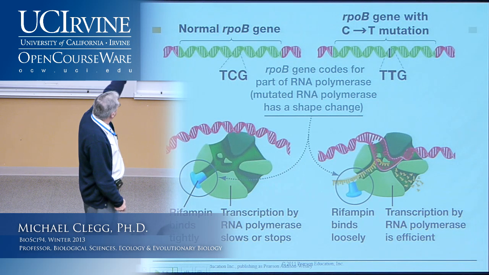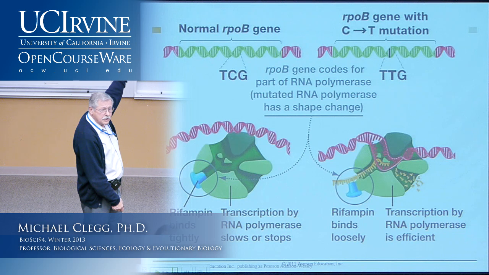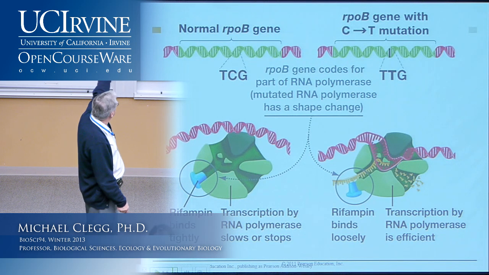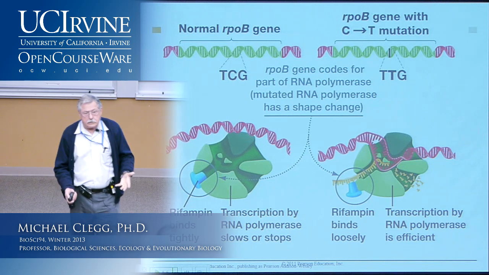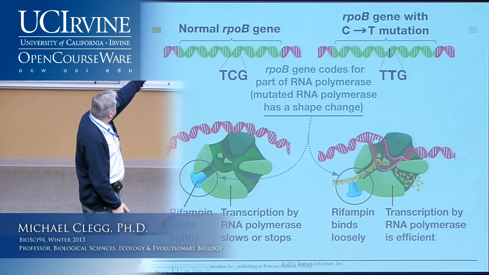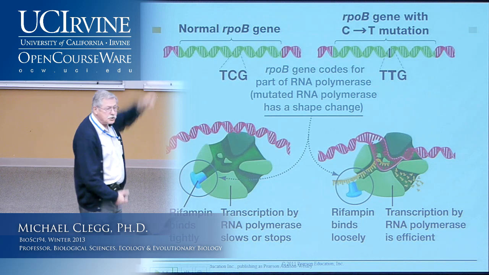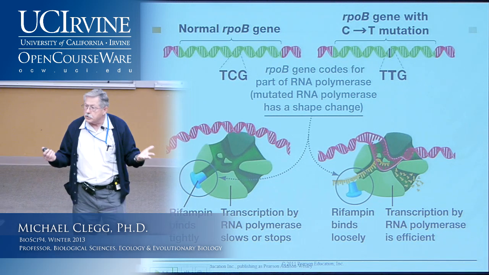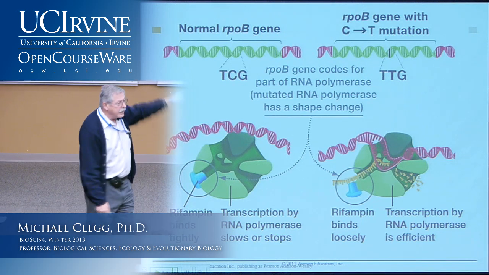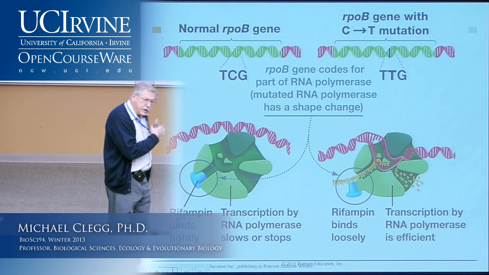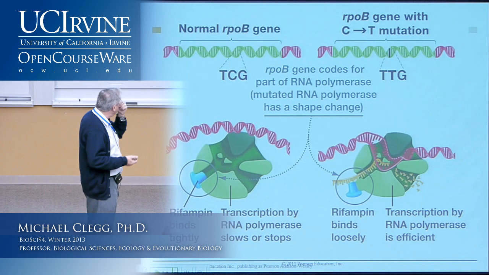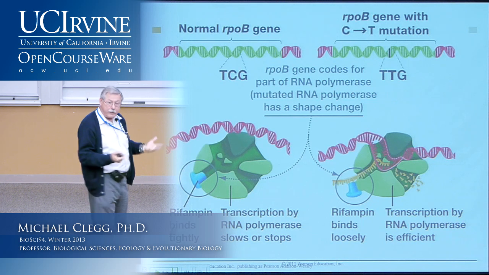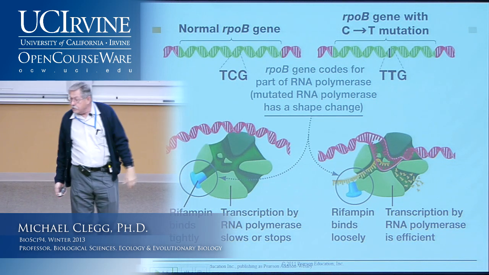The normal RPOB, that's the polymerase subunit, the B subunit of the polymerase, has a codon TCG that encodes a serine. A single nucleotide change to TTG changes the amino acid encoded to lysine and affects the structural conformation of the polymerase and therefore blocks the effective binding of rifampin, and the bacterium survives.